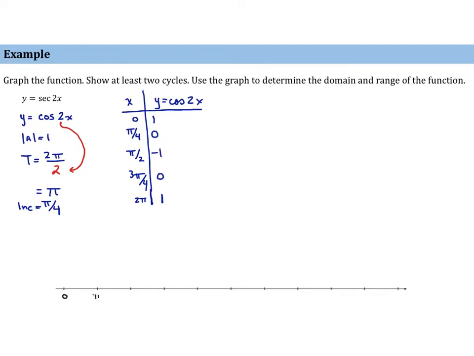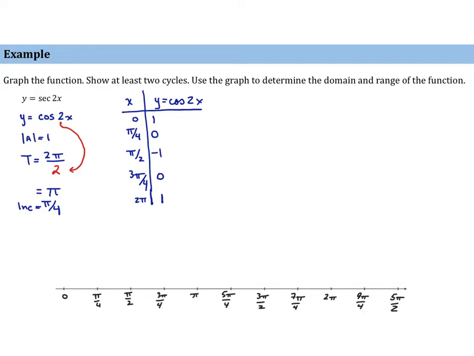So 1 pi over 4, 2 pi over 4, 3 pi over 4, 4 pi over 4, 5 pi over 4, 6 pi over 4, 7 pi over 4, 8 pi over 4, 9 pi over 4, 10 pi over 4.